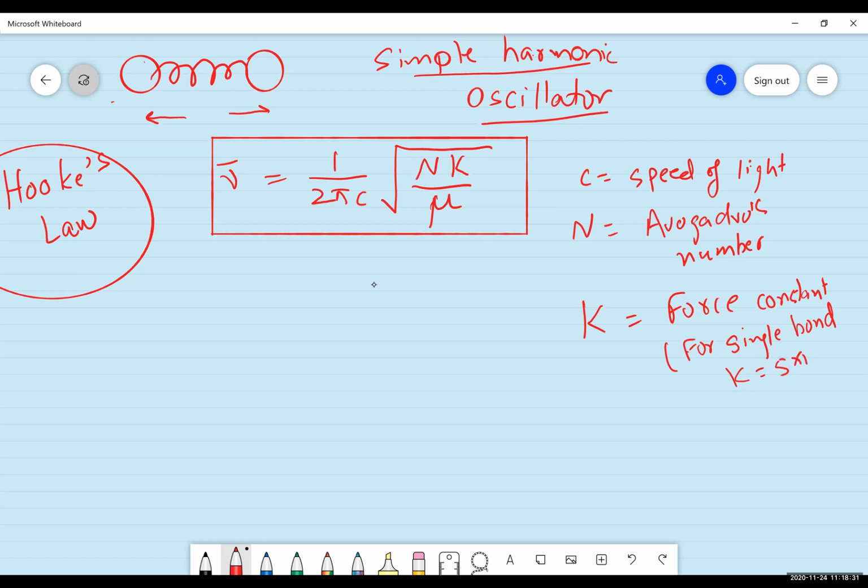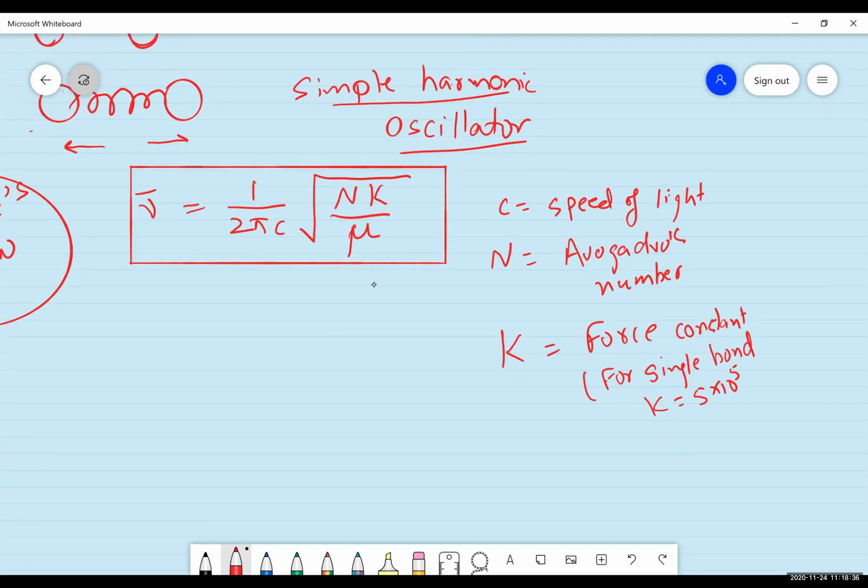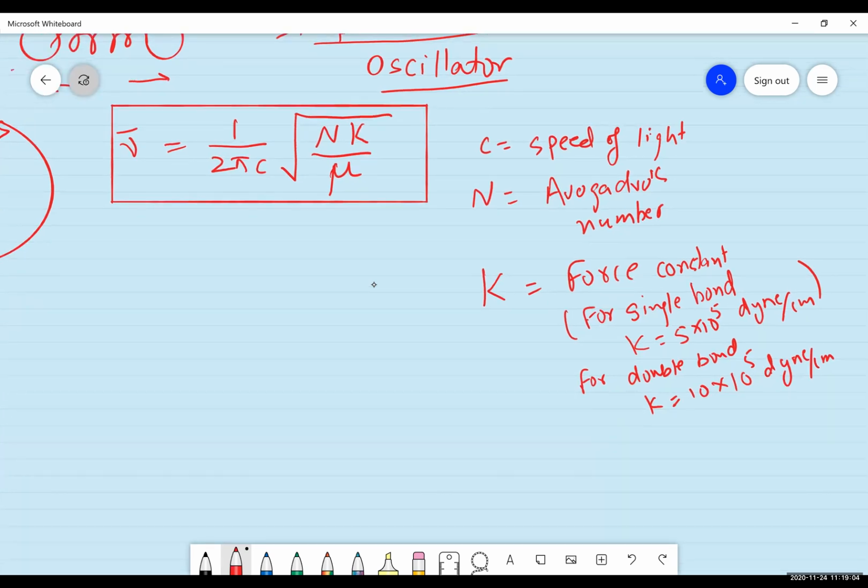5 times 10 to the 5. The units are dynes per centimeter. For a double bond, it is approximately 2 times as strong as single, so the force constant is 2 times as much.